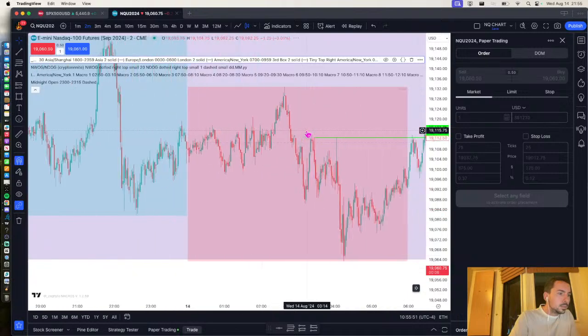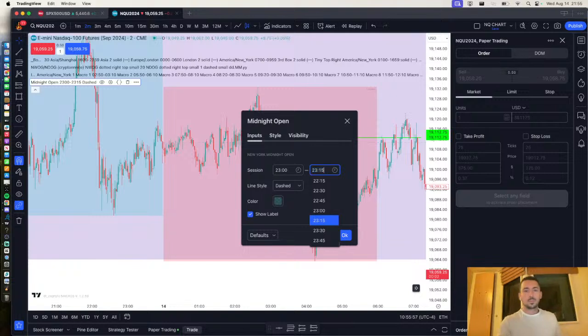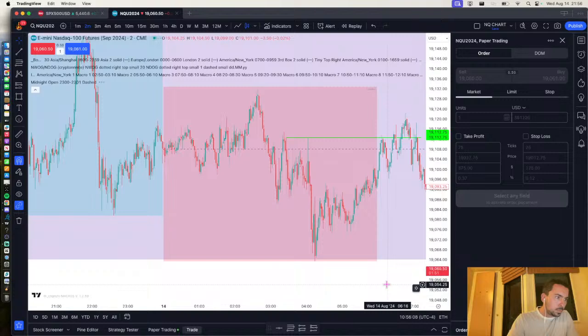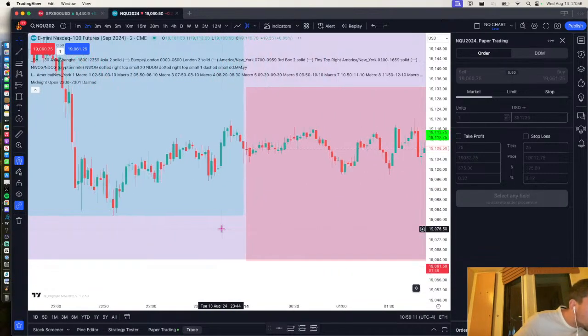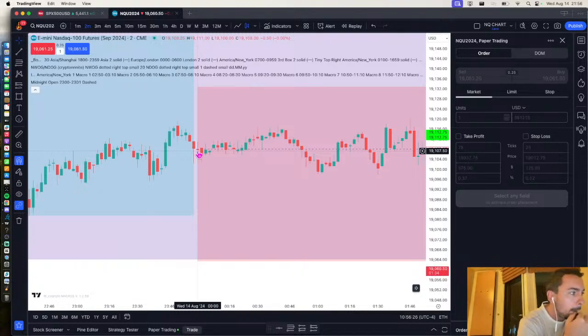No. What is the open of this candle? 19,108.25. Is that what it's giving us? Yes, it is.